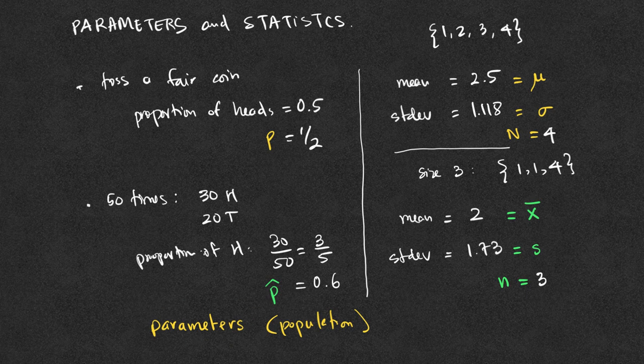The p hat, x bar, lowercase s and lowercase n are what we call the statistics. The statistics are the characteristics of the sample. And so from now on, if we use these notations p hat, x bar, lowercase s, lowercase n, then these tell us something about the sample. That is the convention that we will adopt throughout this course.